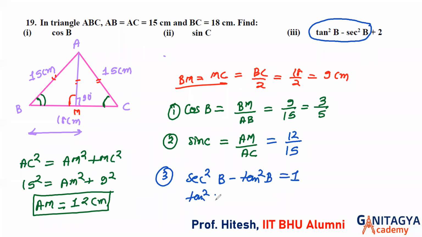So tan square B minus sec square B is equal to minus 1. So the answer will be 2 minus 1, which is equal to 1. So the answer must be 1. Okay, write it down. Let me know when done.